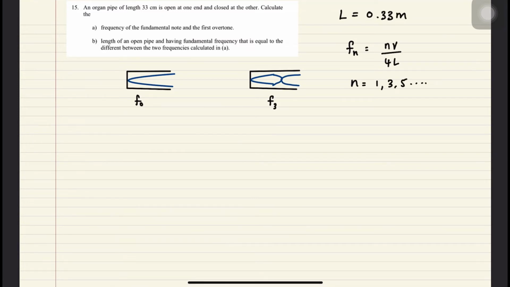So V here, you have to use the speed of sound. Only for string that you have a special V, but the remaining you just have to use the given speed of sound. Here I'm going to use V equals to 331.